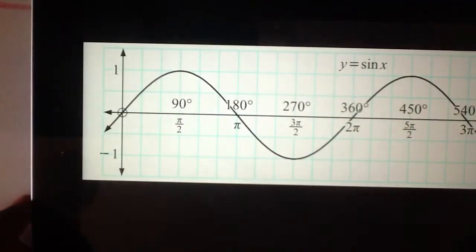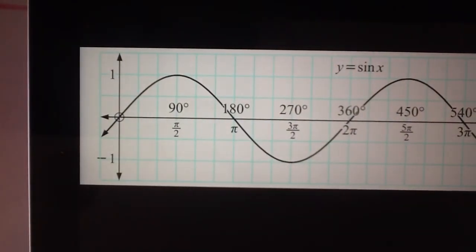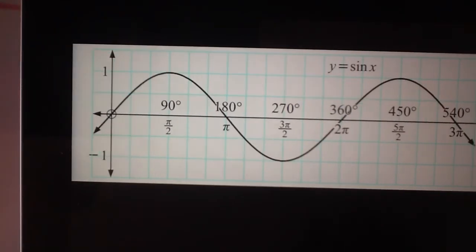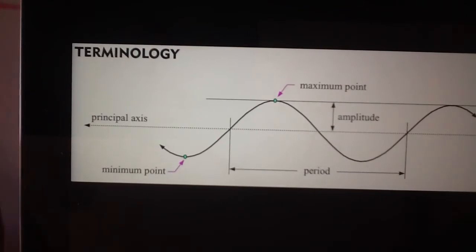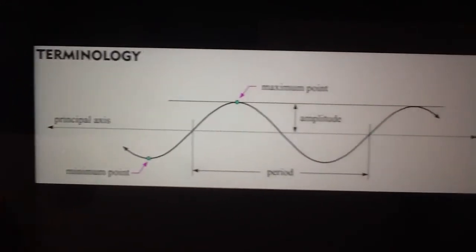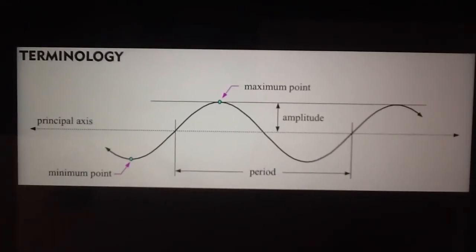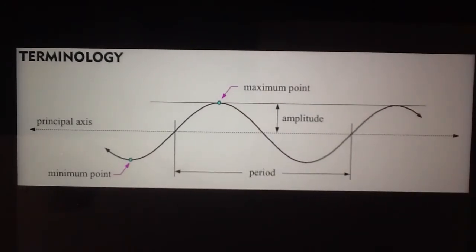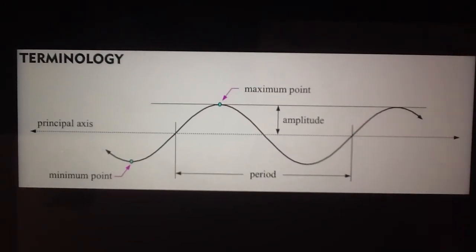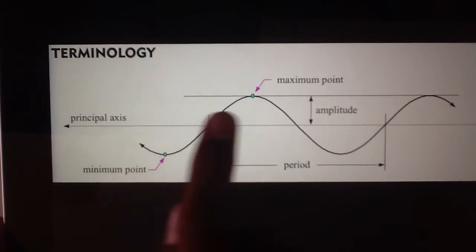Finally, we look at trigonometric functions. If we were to look at f(x) equals sine, then it would come up like this. A periodic function. Periodic functions are ones that happen over and over again. The various points to consider in this function are the period, the maximum and minimum point, the amplitude, and the principal axis.